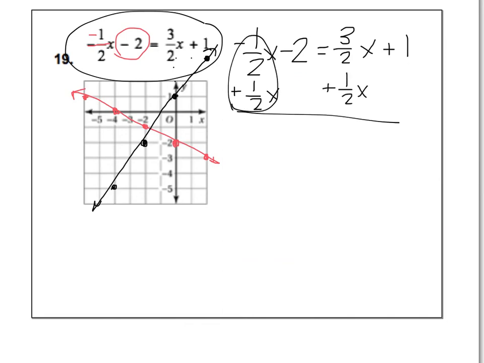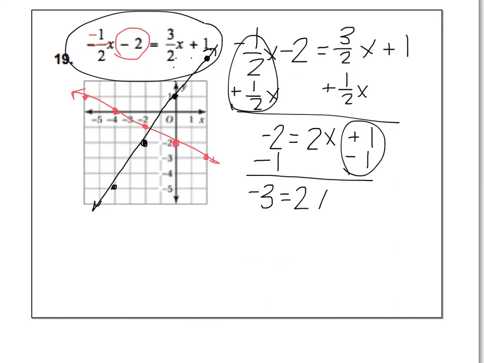So that leaves me with a negative 2 equals 3/2 plus 1/2 is 4/2, or just a 2x. So I could erase that 4 over 2 and write it as a 2, because 4 over 2 is 2. So now I can go ahead and solve, and I get negative 3 equals 2x. If I divide both sides by 2, I get x equals negative 1.5.